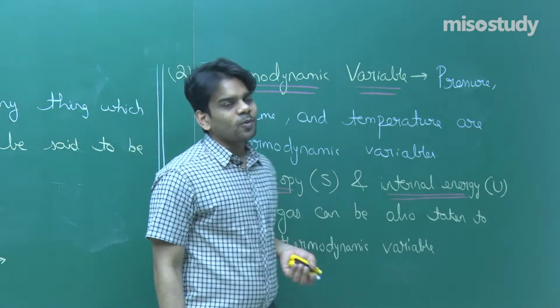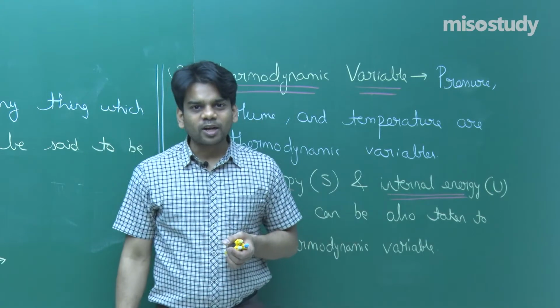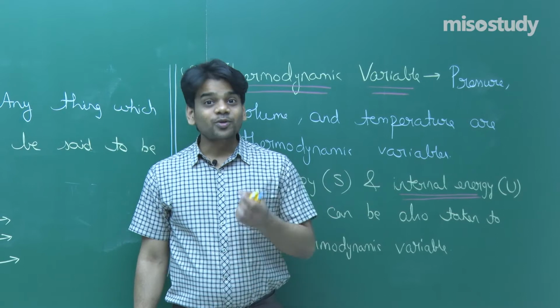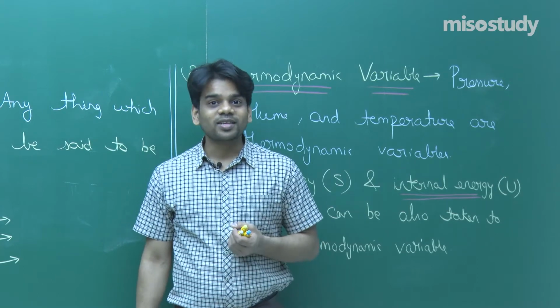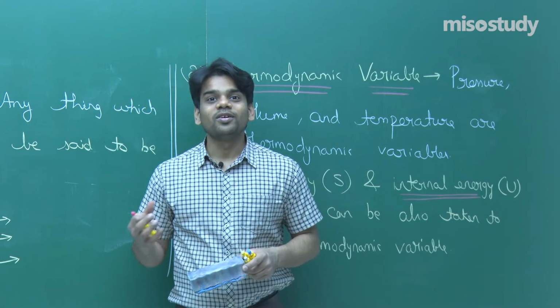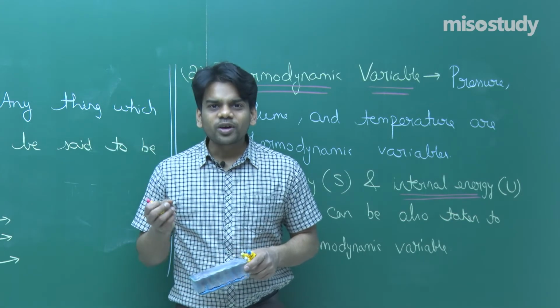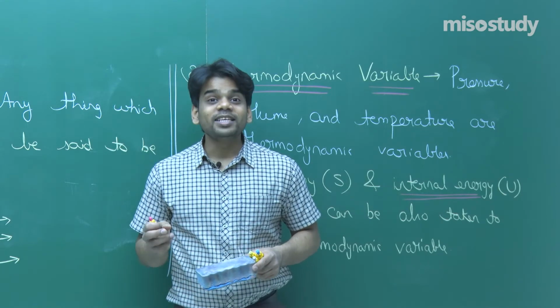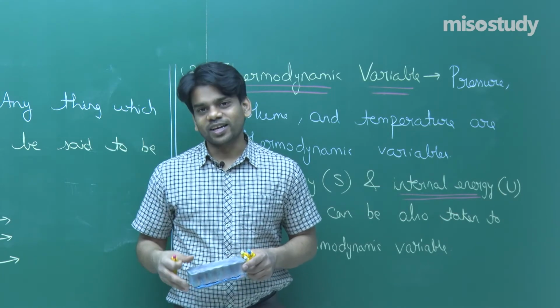Next, we talk about thermodynamic variables. I believe you remember the ideal gas equation. It lets us find the third variable if we have any two variables. That is, if we know the pressure and the volume occupied by the gas, we can easily tell the temperature of the gas.